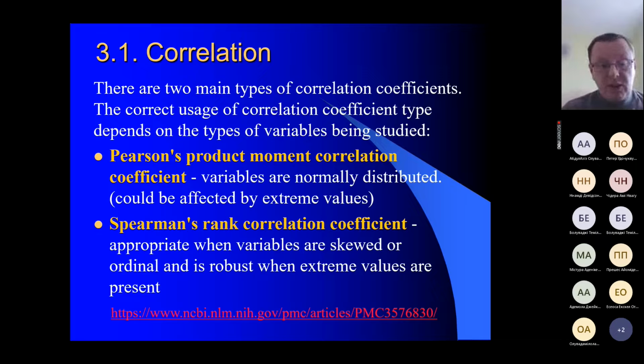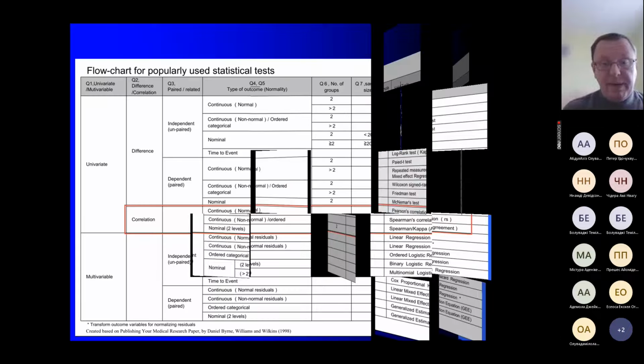And the Spearman rank correlation coefficient is appropriate when variables are skewed or ordinal, and is robust when extreme values are present, so when we have deviation from normal distribution as well. More about this you can check at the given link when we open the PDF page.